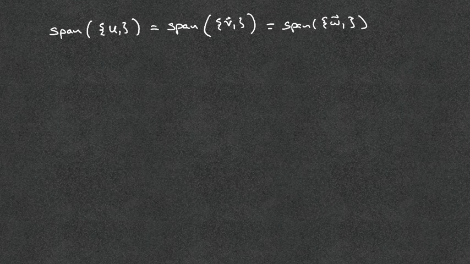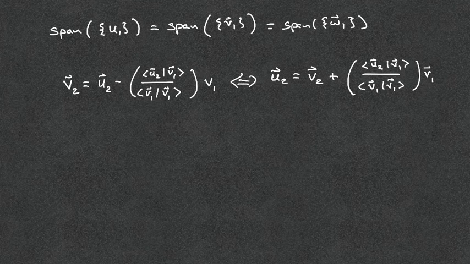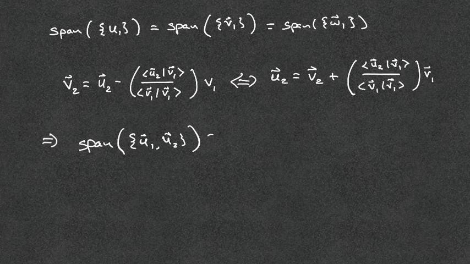So what we've had, as we've said, is that the span of u1 is just going to be equal to the span of v1, which was the same as the span of w1. And because we have this reversible relationship between the u2s and the v2s, that is enough to show us that the span of our u1 and u2 is going to be equal to the span of our v1 and v2.